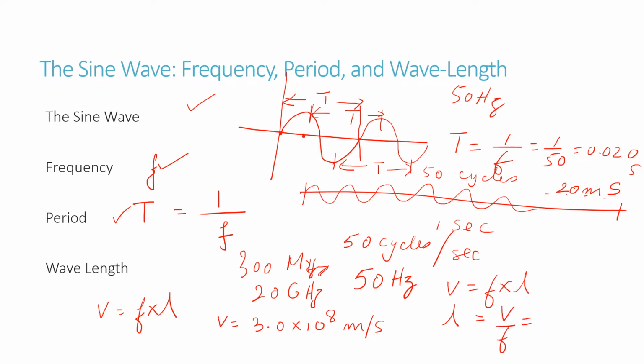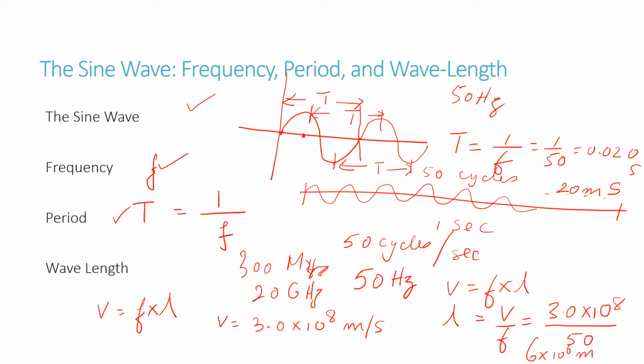In this case that is 3.0 times 10 to the 8 divided by 50, and that comes out at 6 times 10 to the 6 meters, which is 6,000 kilometers. So you can see that's not really relevant.